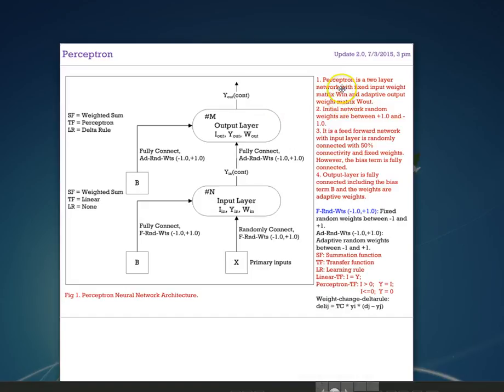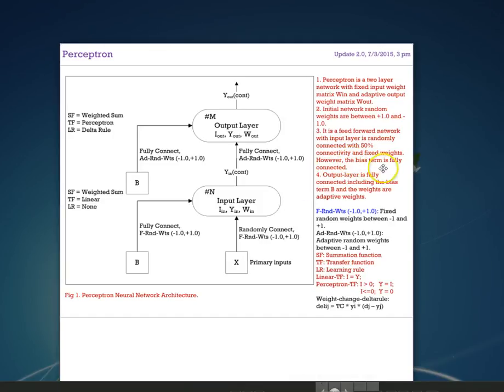Again, as indicated here, the Perceptron is a two-layer network with the fixed input weight matrix W in and the adaptive weight matrix W out, which is here. In the initial network, random weights are between +1 and -1. It is a feed-forward network where the input layer is randomly connected with 50% connectivity and fixed weights.